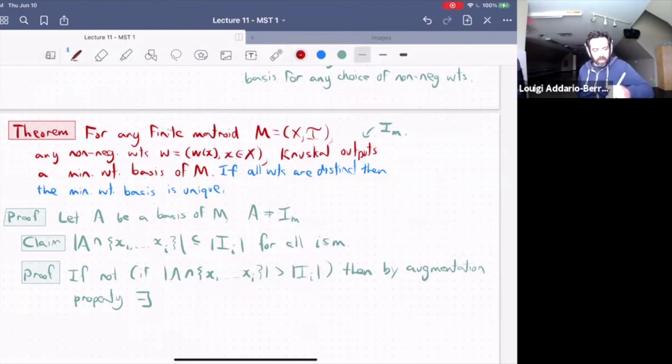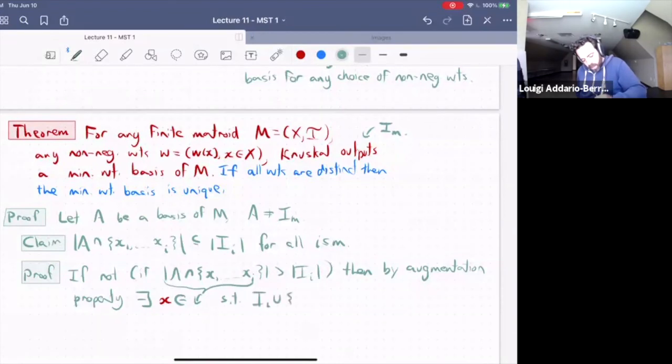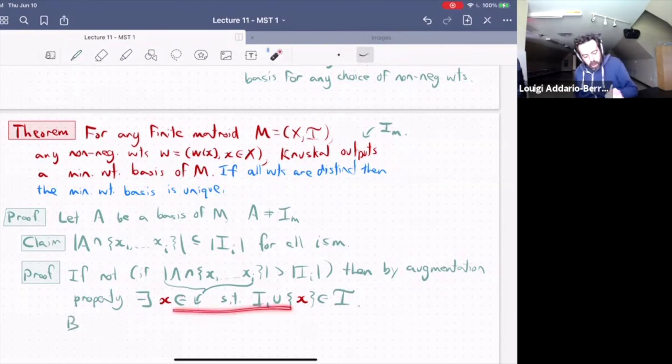So there exists x in this set such that adding x to I sub i gives us another independent set. But we already ruled that out.